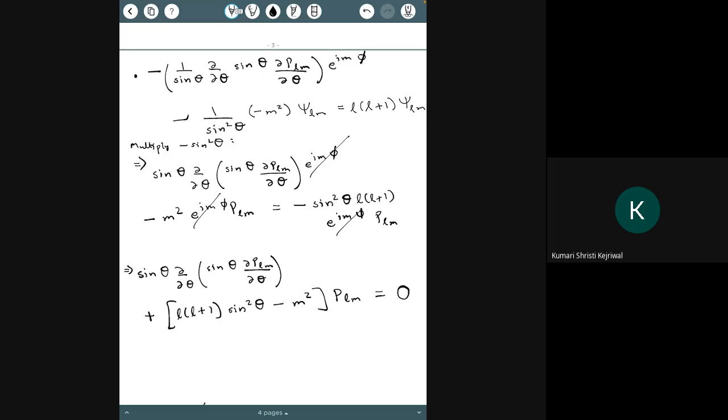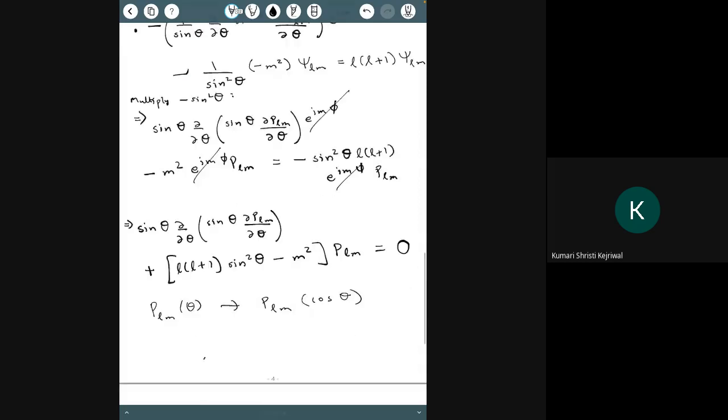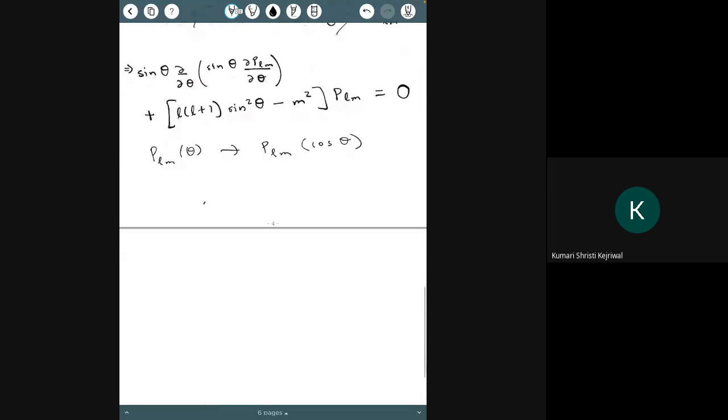Our range of theta is 0 to pi, which corresponds to a range of cos theta from -1 to +1, and all points are mapped 1 to 1. So there is nothing wrong in converting a function P_l^m of theta to a function of cos theta, and that is what we will do.